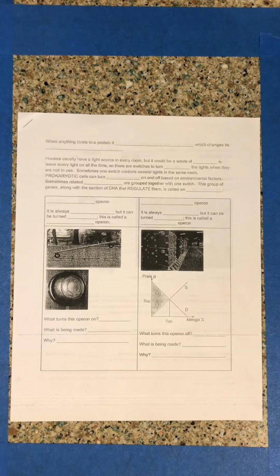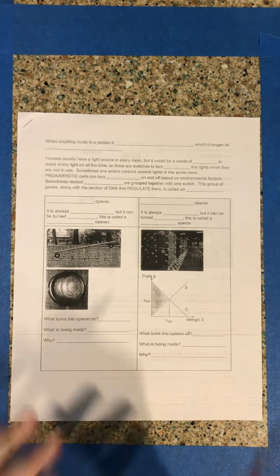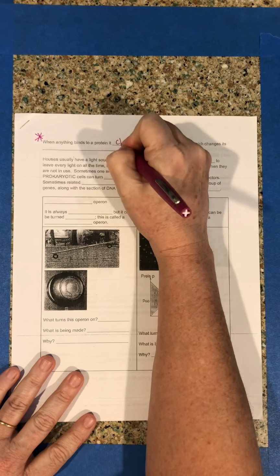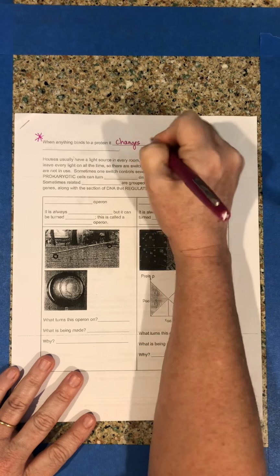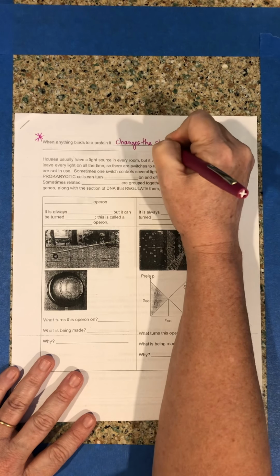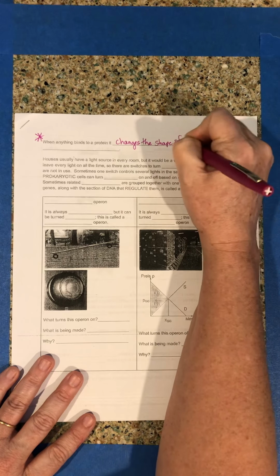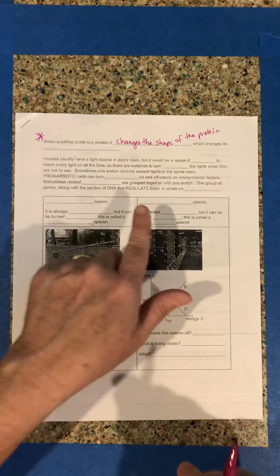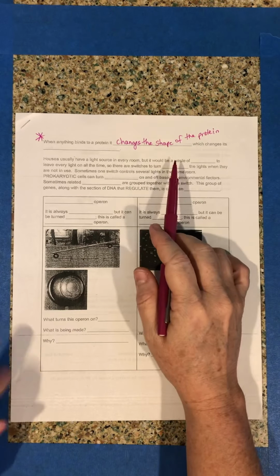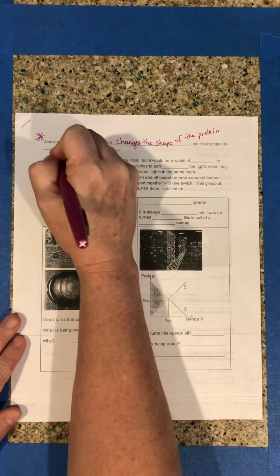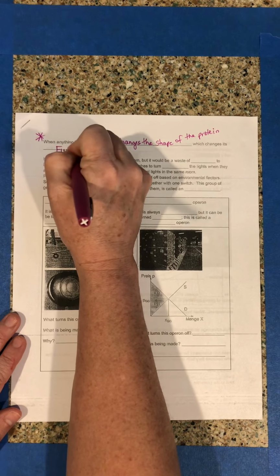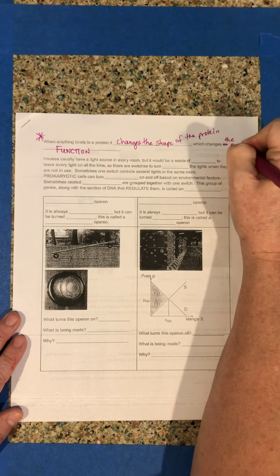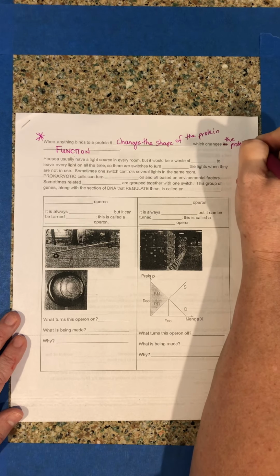But it says when anything binds to a protein, and this is super important, when anything binds to a protein, it changes the protein. Okay, so when anything binds to a protein, it changes the shape of the protein, which changes its function. Now when I say it, I'm going to write changes the protein's function.